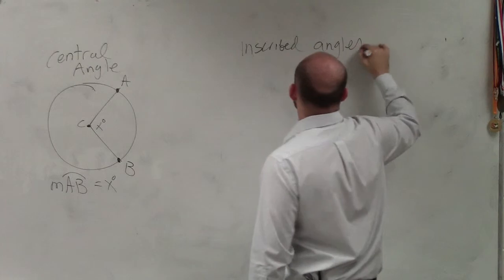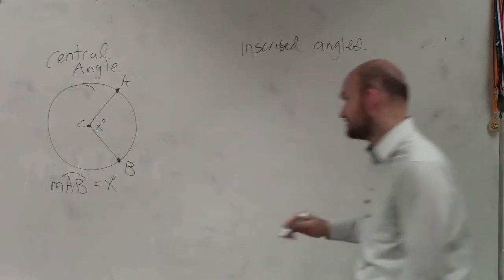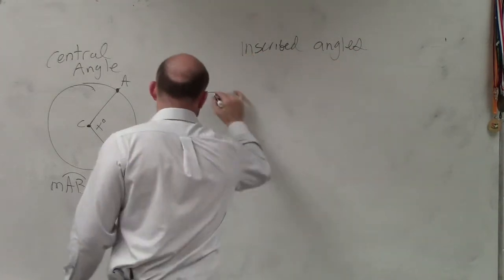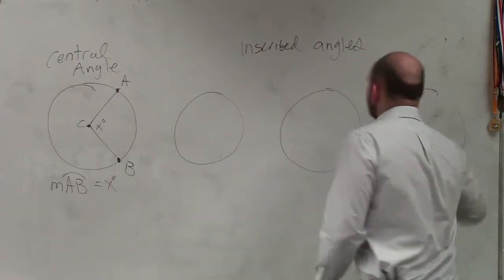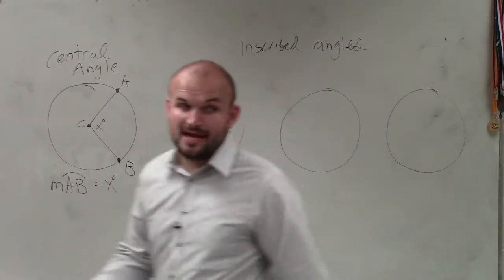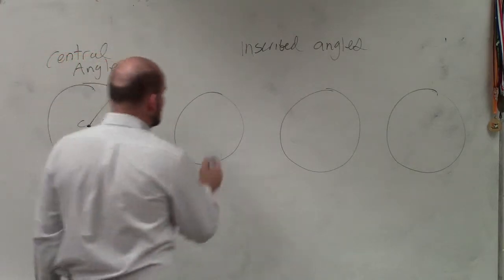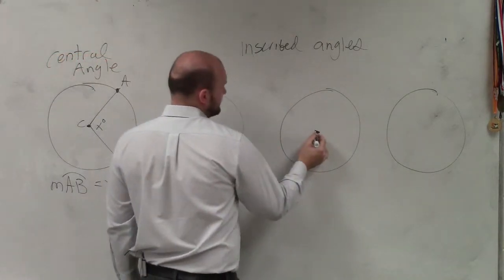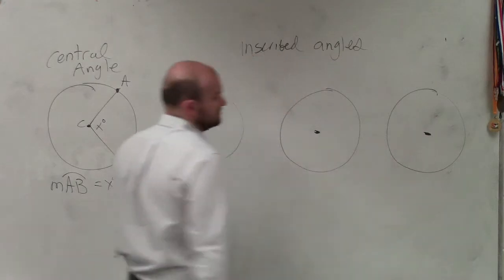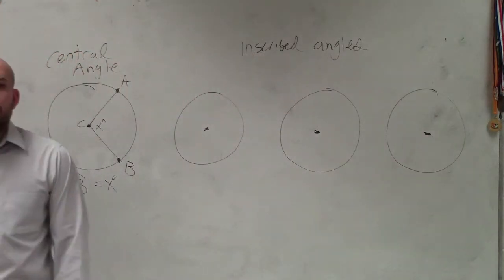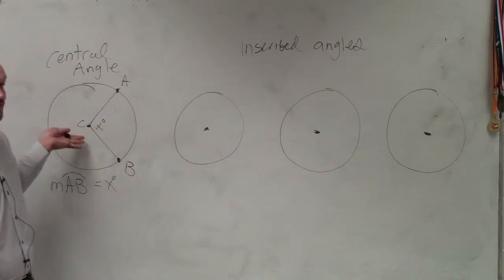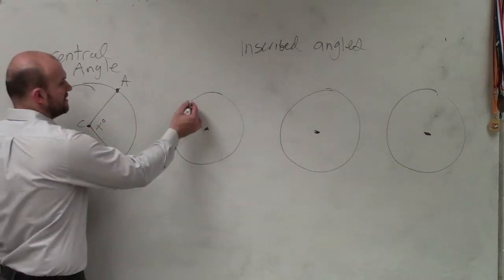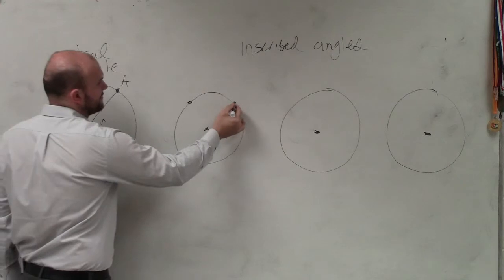Now, inscribed angles, there's going to be three cases. Case 1, case 2, case 3. Now, we already talked about an angle that has a vertex at the center. So we're going to have our center. However, our vertex is no longer going to be at the center like it is for a central angle.